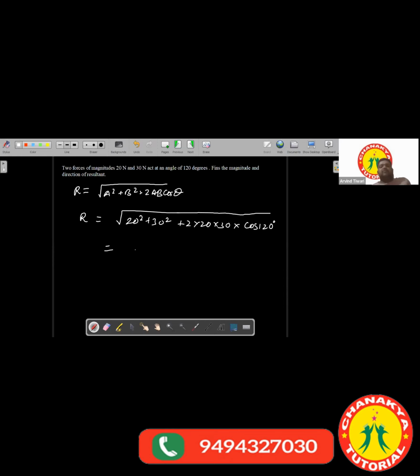So you get 400 plus 900 minus 600, since cos 120 is minus 1 by 2 and multiplied with this it is 600. So our answer is under root of 700, which is 10 root 7 Newton. We have got the resultant.